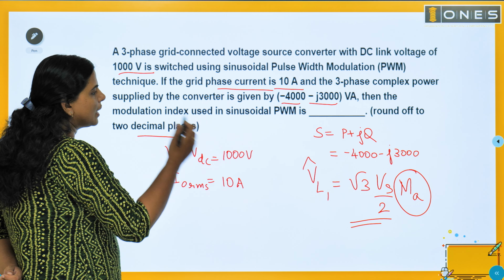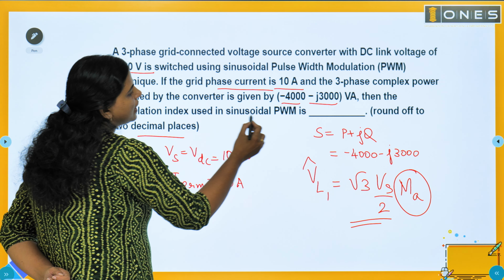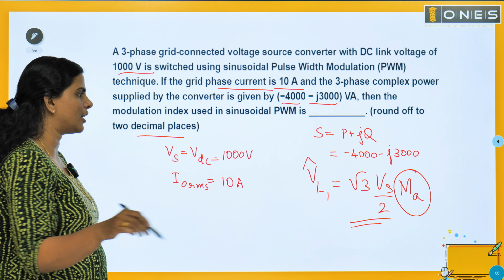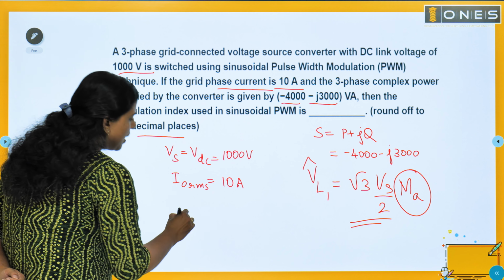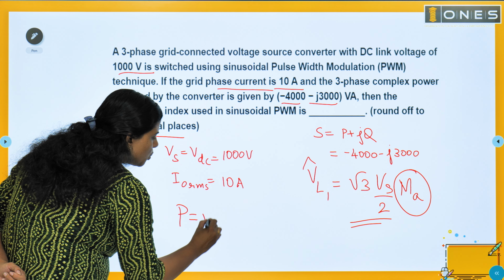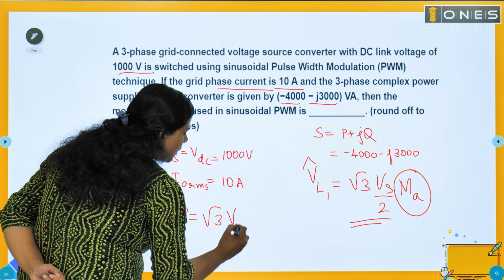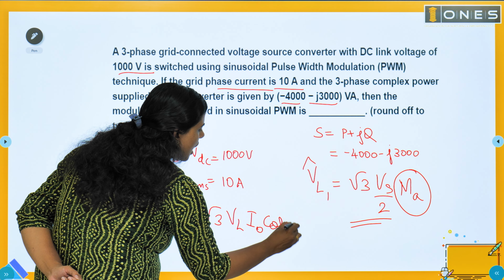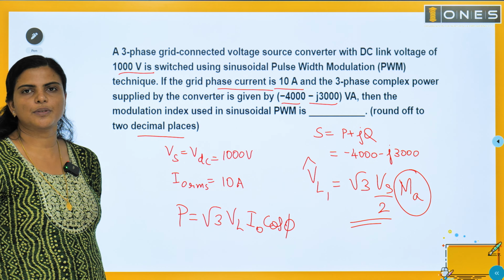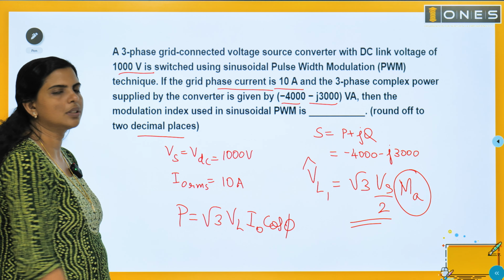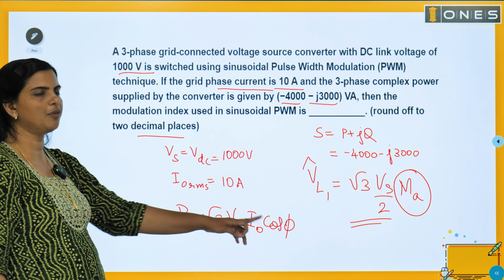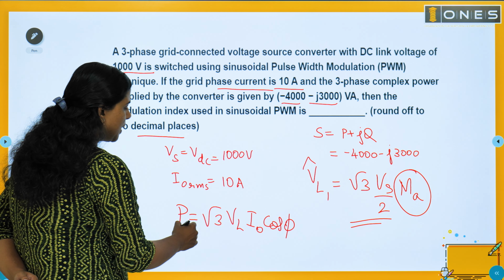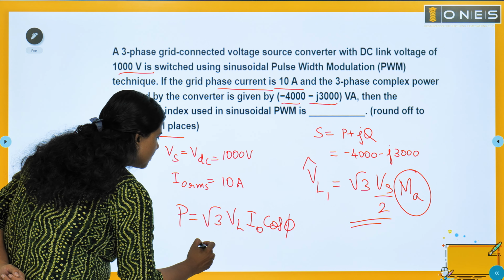To find VL, the link given is the active power as well as the reactive power. P and Q we know. So the equation of P is root 3 VL I0 cos phi, the RMS value of voltage and RMS value of current into the power factor, where phi is the angle between VL and I0. I0 is given, P is also given, and VL we can find out from this.